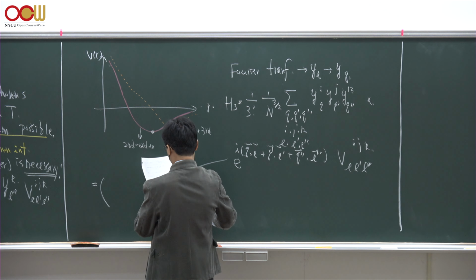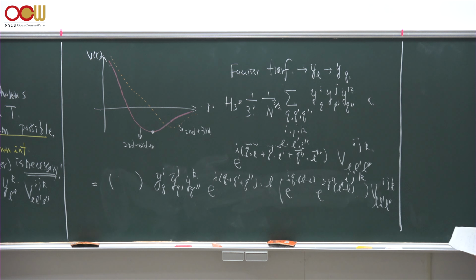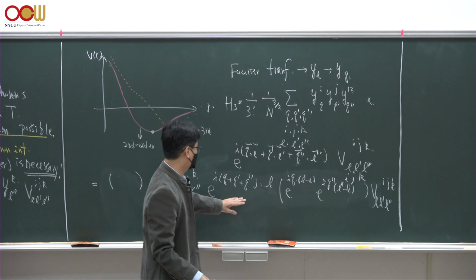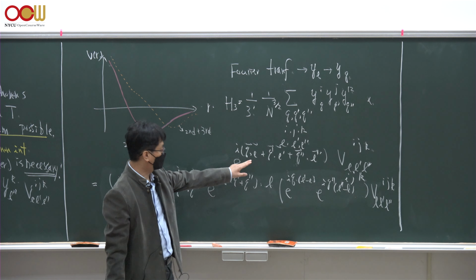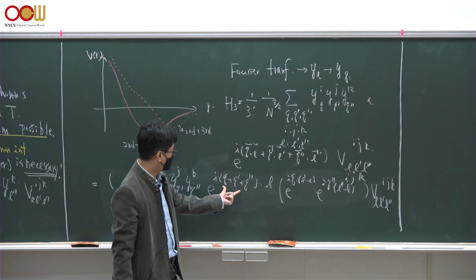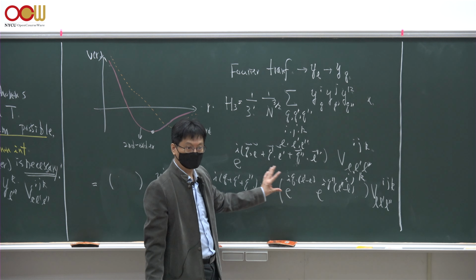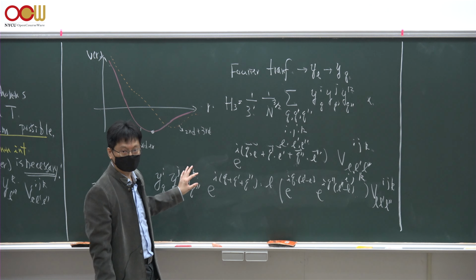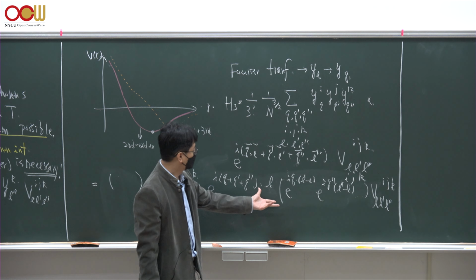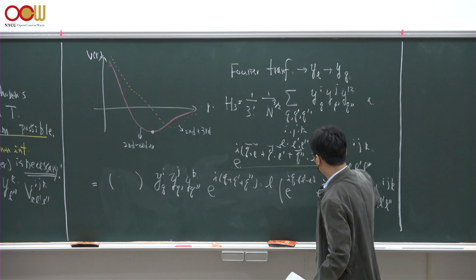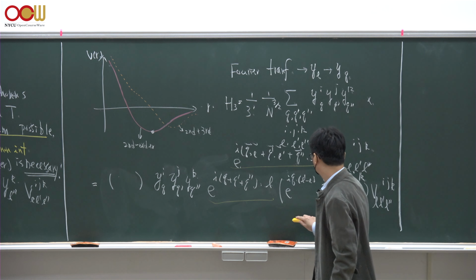So let me write it here. Great. So you could manipulate those exponential factors, and then you could verify that this is actually the same as that thing. Okay? So you could intentionally add all these three Q vectors here and dot the L, but then the price to pay is that you need to subtract the term that you added. Okay? So then you could verify that this exponential factor is the same as this times this.